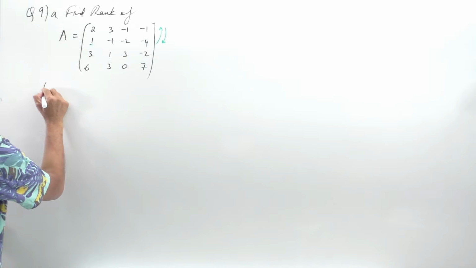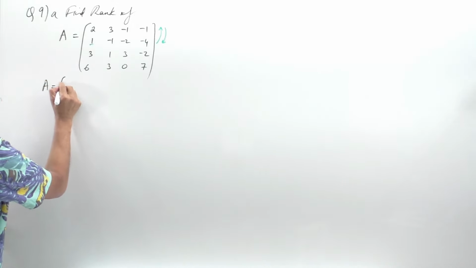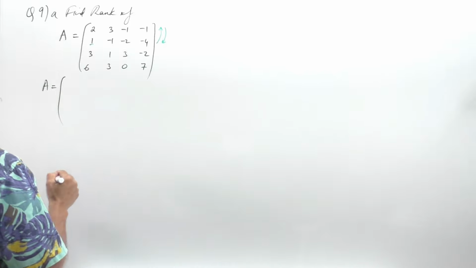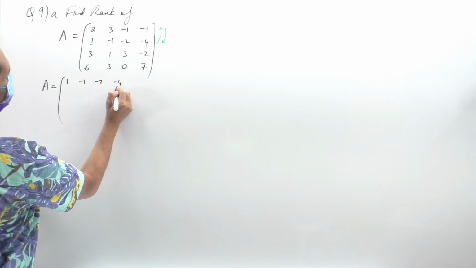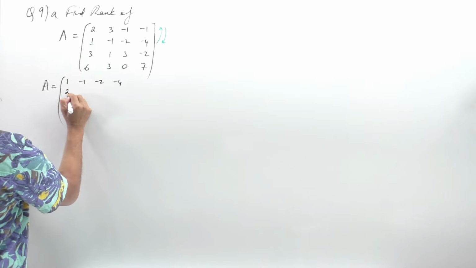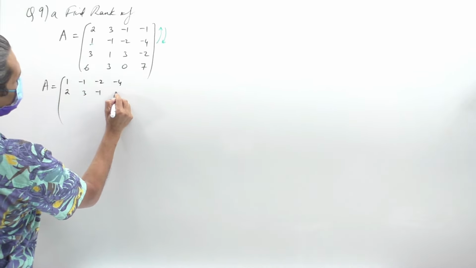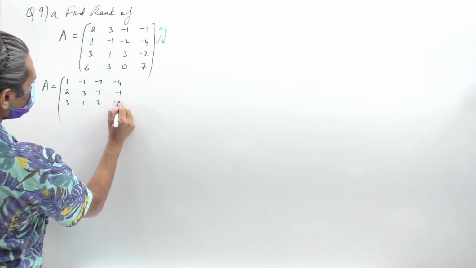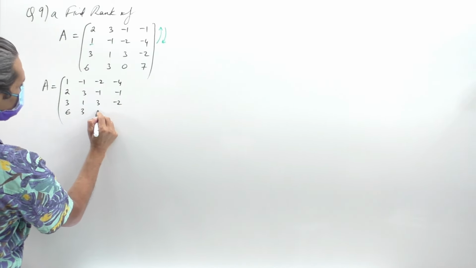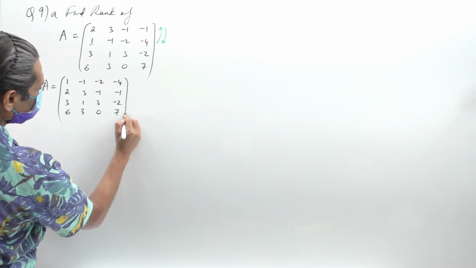So I'll rewrite this as A is equal to 1 minus 1 minus 2 minus 4, then 2 3 minus 1 minus 1, then 3 1 3 minus 2, 6 3 0 7.